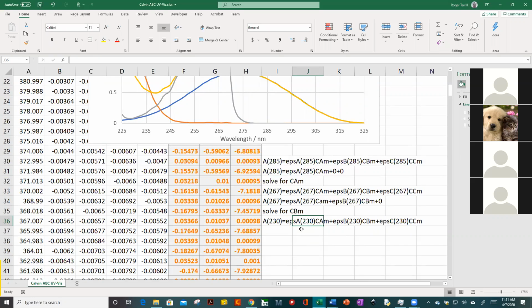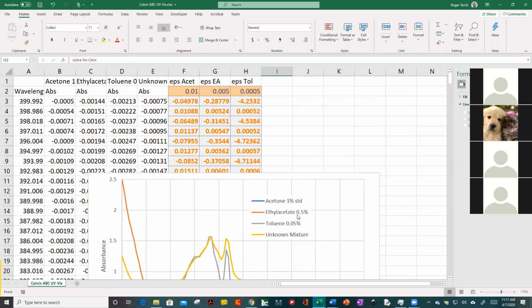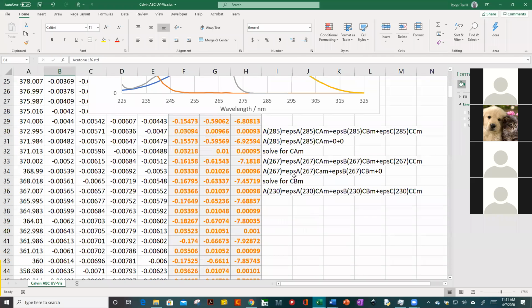And C sub A is a single value, and we got it up here, right? And we know C sub A is actually 1%, right? Yeah.